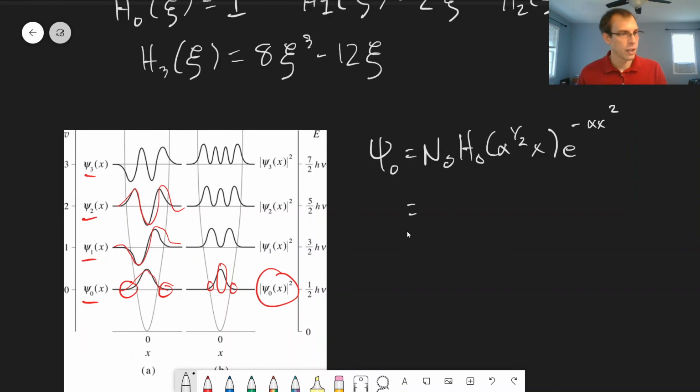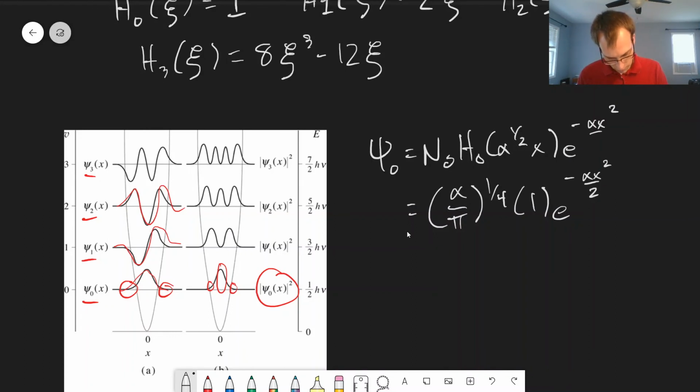We can plug in all those values, and we will get alpha over pi to the 1/4 times 1, e to the minus alpha x squared over 2. I forgot the over 2 here. If we plot this, that's this function over here. And we can keep going with psi 1, psi 2, et cetera.